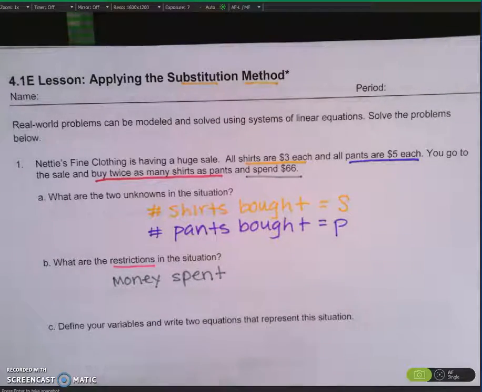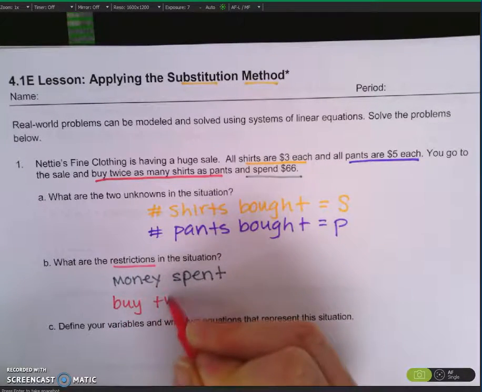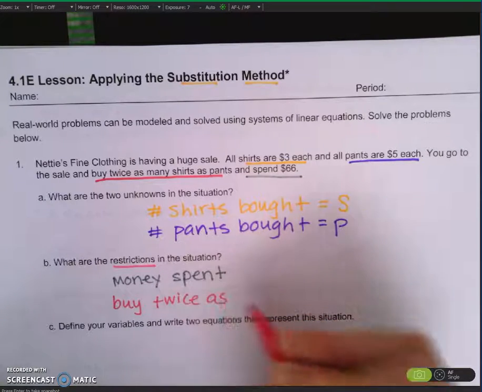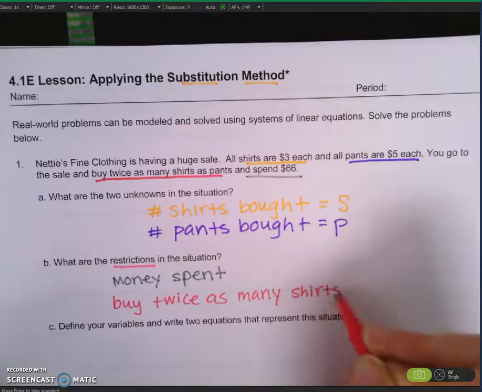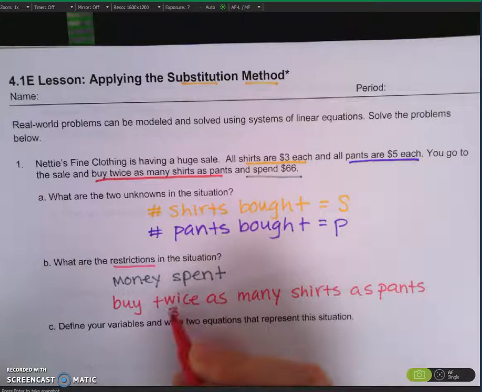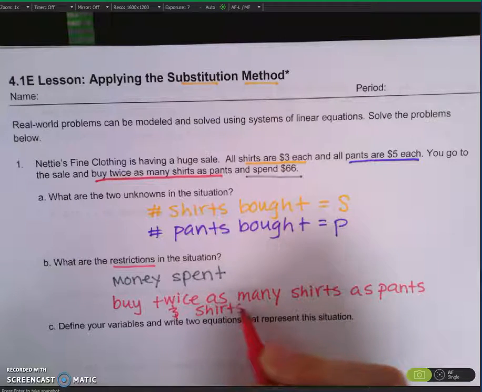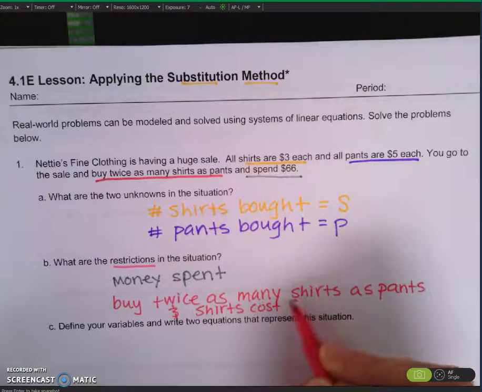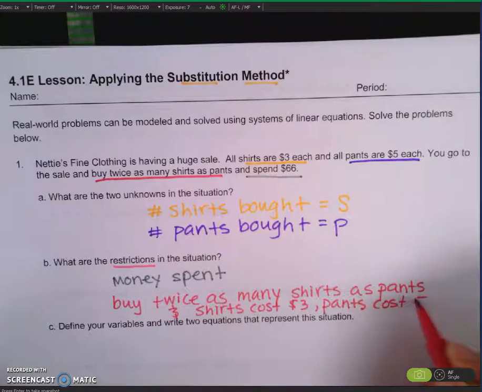The other restriction is the number you buy: twice as many shirts as pants. And shirts cost $3. Pants cost $5.